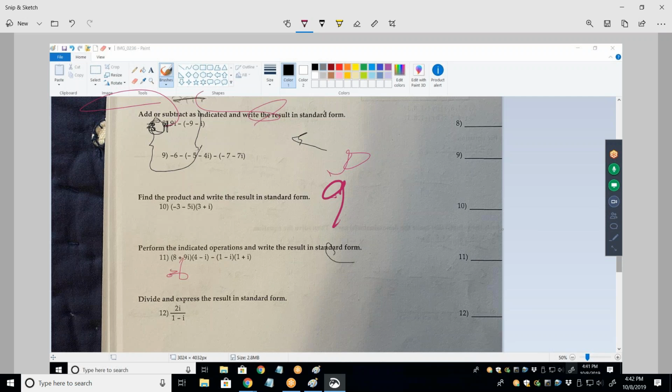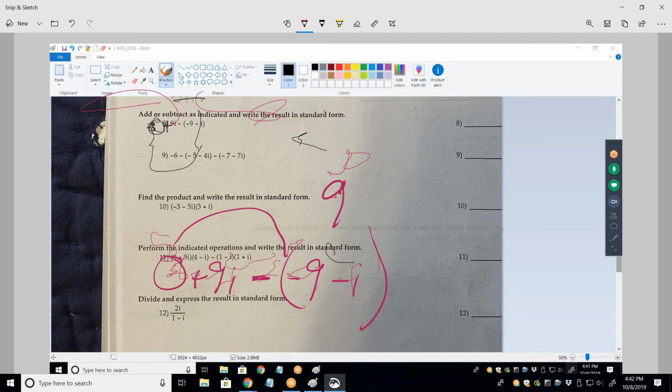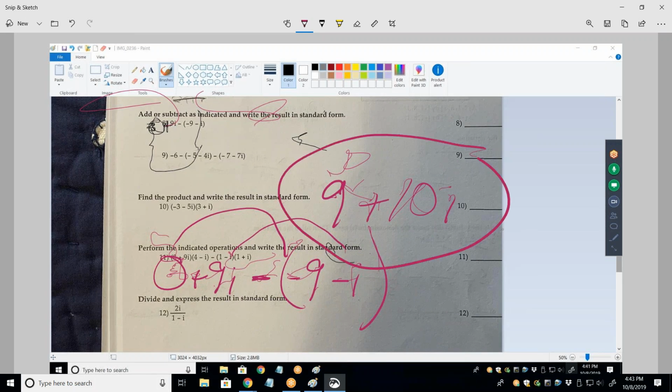I got 0 plus 9i, and then I'm subtracting from it minus 9 minus i. So subtract the reals, which gives you the plus 9. Combine the imaginaries. What is plus 9i plus 1i? So that's 10i. And I have it in a plus bi format, which is the way you always want to put your answers when you're giving a complex number.